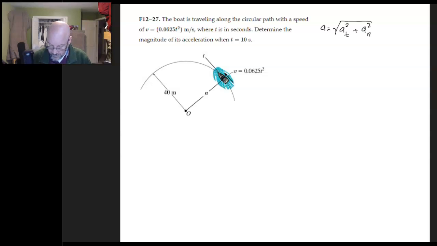So let's look at our drawing here. So our boat, there's a tangent line to that. Now, the velocity vector corresponding to the motion of the boat is always going to be tangential to the trajectory, to the circular path. So velocity is always tangent to the trajectory.